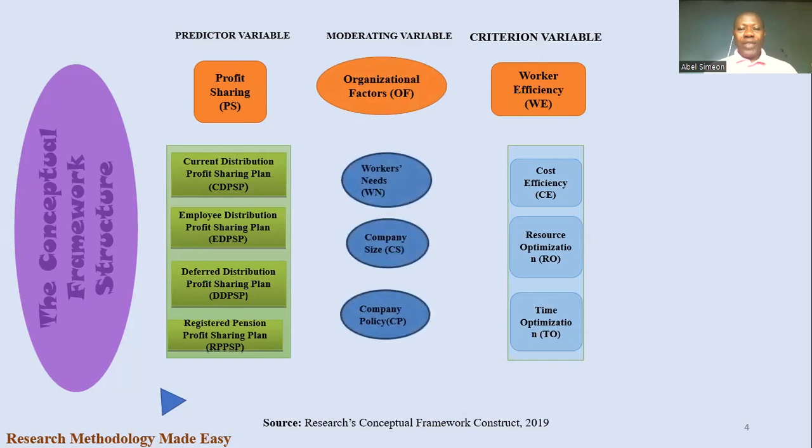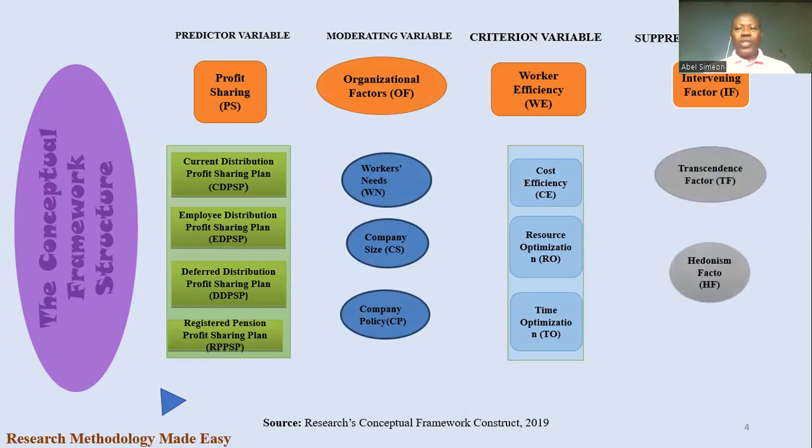So in this case, I have workers need, company need, and company policy. These are chosen moderating variables. And then on the far right, we have the suppressor variable. This suppressor variable tends to work against the smooth relationship of the dependent and the independent variable.